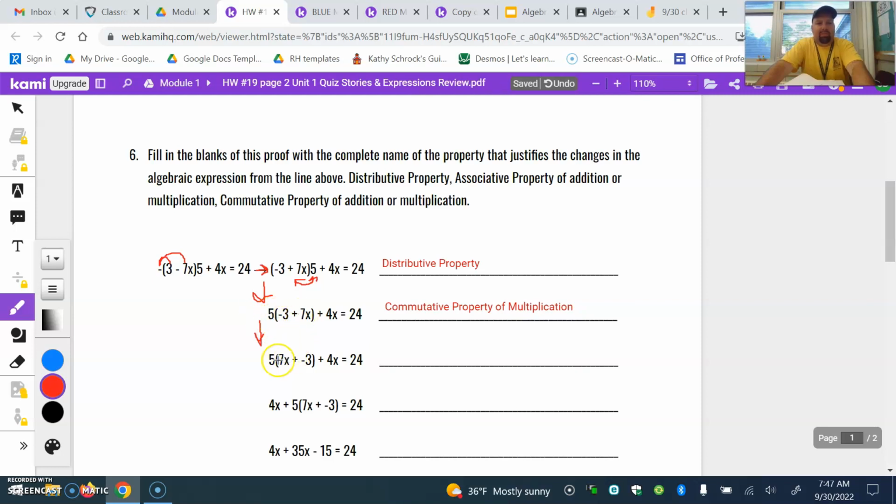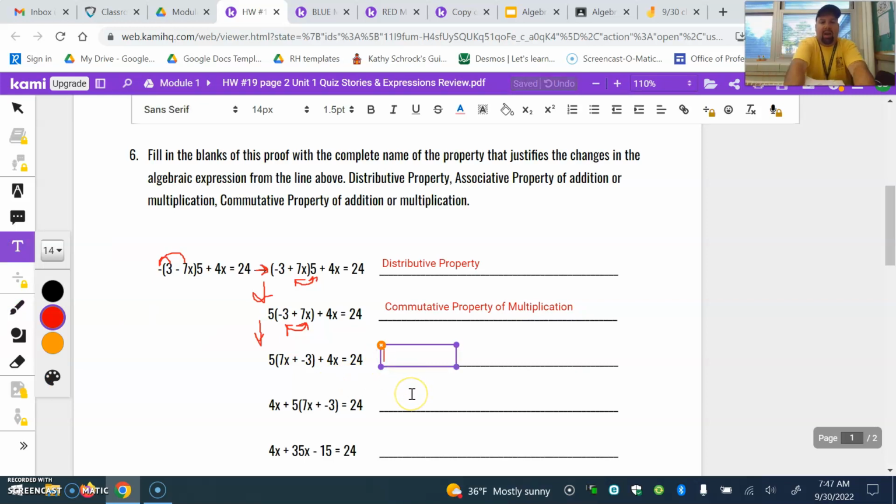Now from this step to this step, hey look, we're switching the -3 and the 7x, trying to put it in standard form. And what that means is I'm doing the commutative property again because I'm changing the order, but this time it is addition. Because if you look in between the -3 and the 7x is an addition sign.